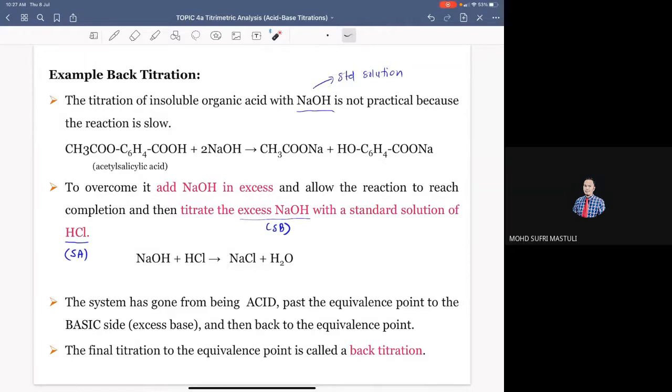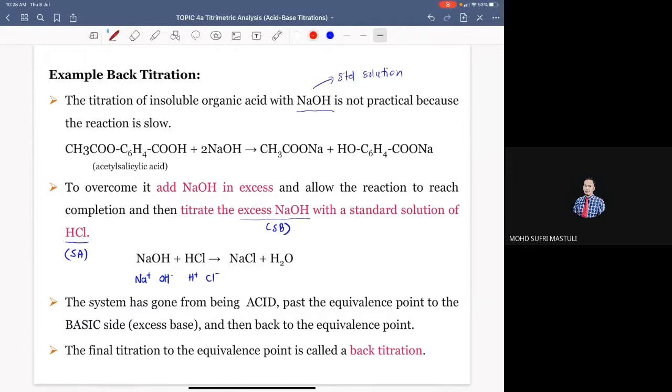So if you are confused about this chemical equation, you can split these chemicals into Na+, OH-, H+, Cl-.